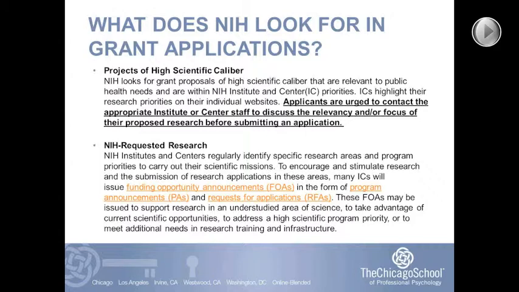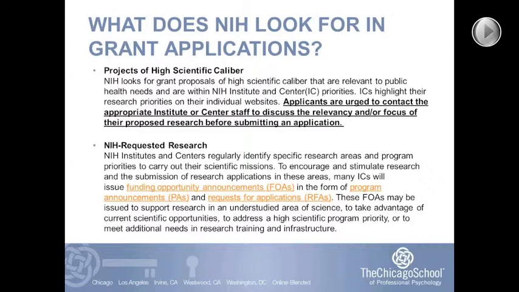They're looking for relevance to public health, and they're looking for things that are within their particular institute or center priorities. And that's really where the program officer can help you. The institute or center staff member can look at your interests and your focus and let you know whether it fits with their priority or maybe whether you'd be better off looking at another institute or center. And normally they can recommend someone else for you to talk to.